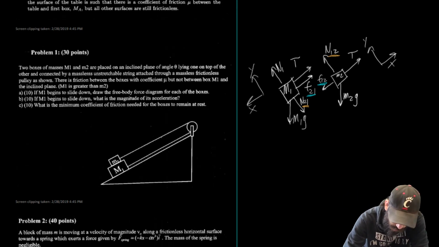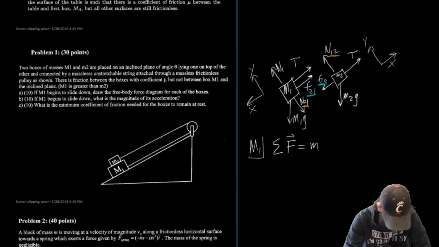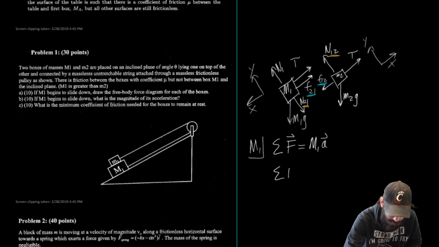Okay, so let's look at how we're going to sum our forces for M1. Okay, so we can write general Newton's second law, sum of forces is equal to mass. This is going to be a capital M1 times a vector. Sum of forces in the y direction is going to be equal to M1 ay.